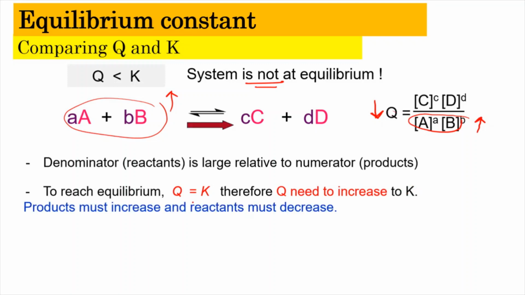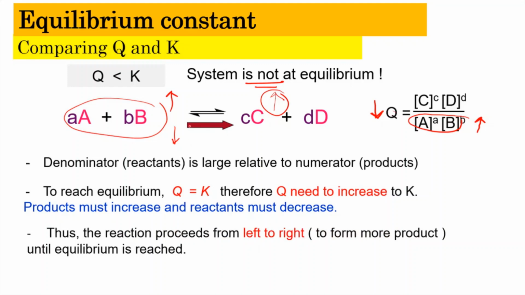As a result, we need to increase our product and our reactant must be decreasing. So our reaction must shift to the right.